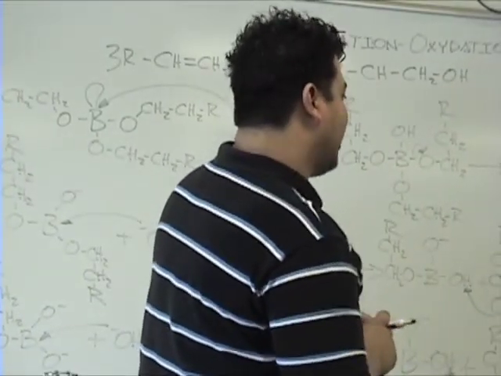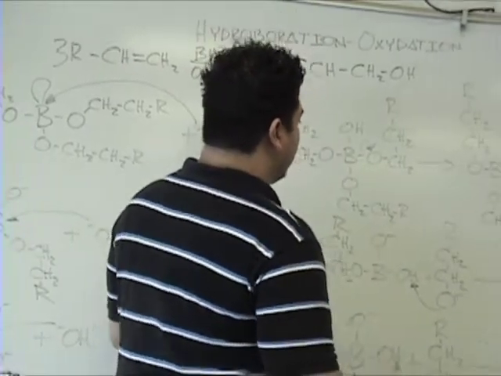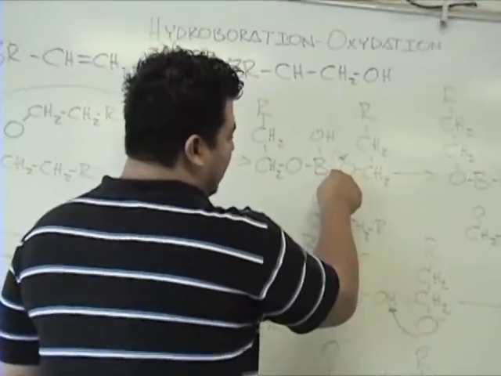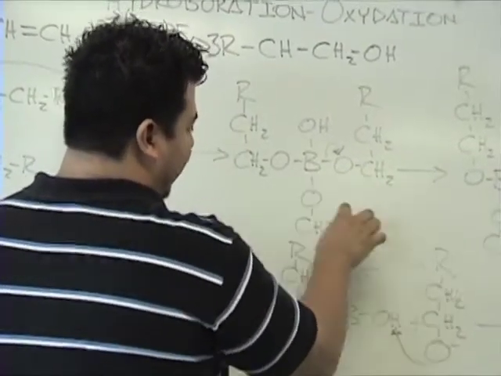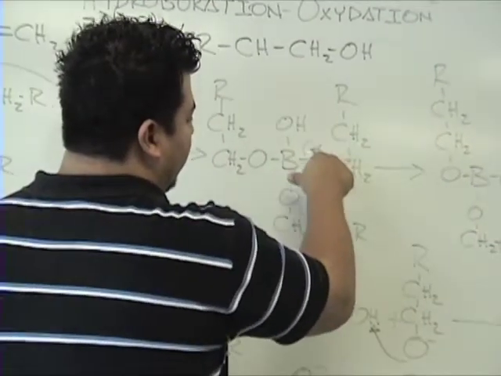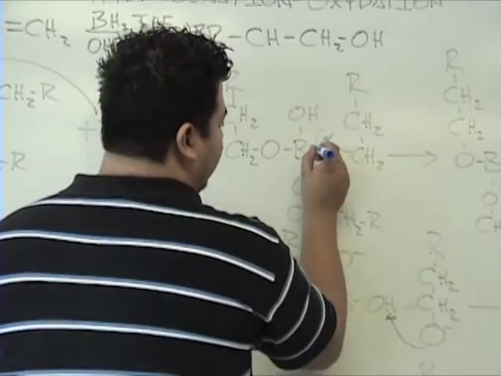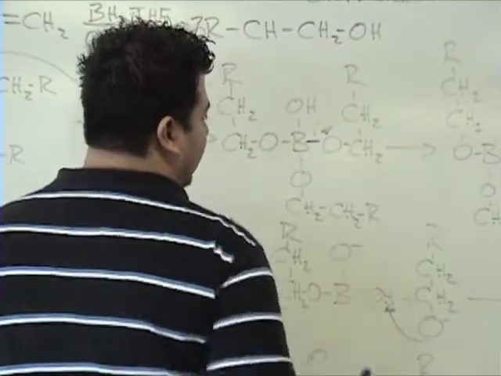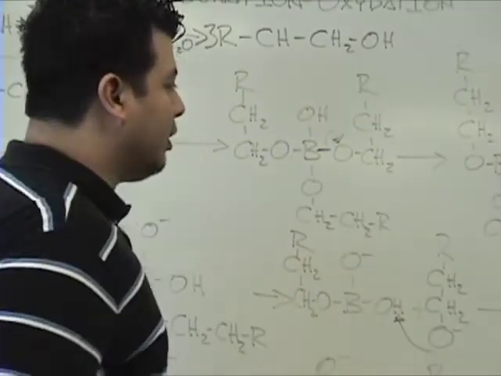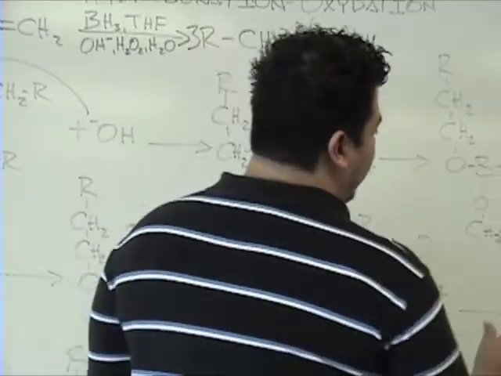So what's going to happen next is that this molecule, whichever one of the 3, is going to break in the oxygen part. The oxygen-boron bond is going to break, and oxygen is going to take the electrons, and we will get this.